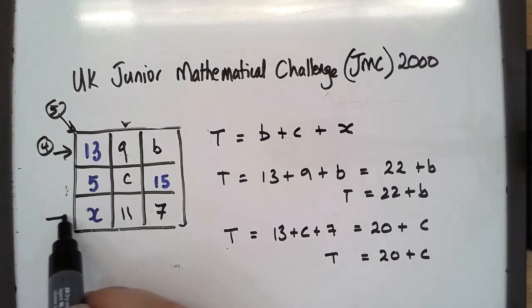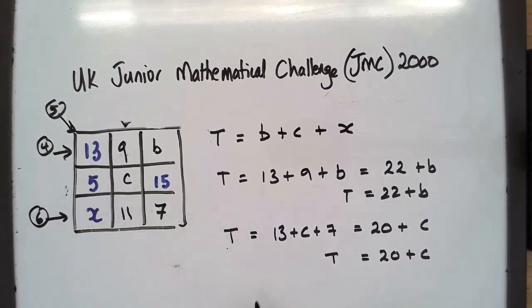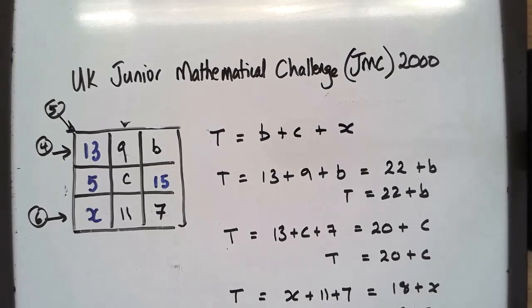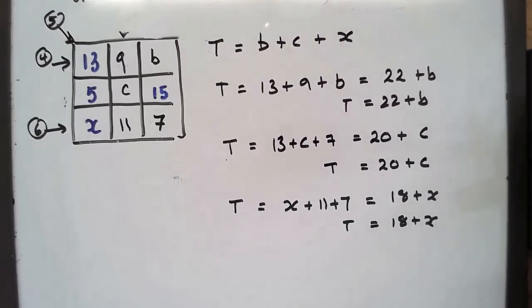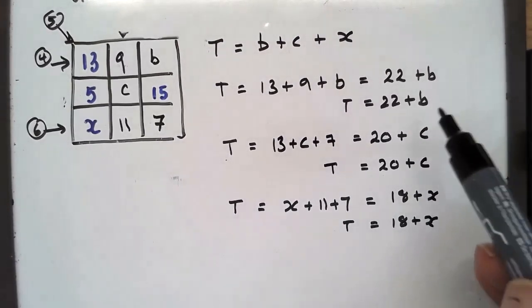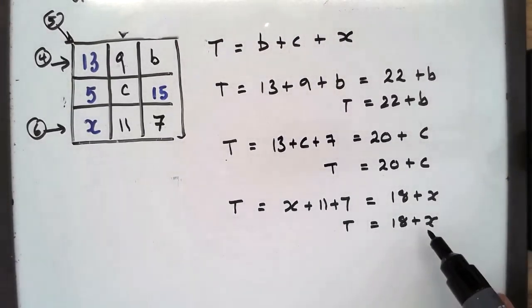This time we're looking at 6. There we go. So I've got 3 equations for T.